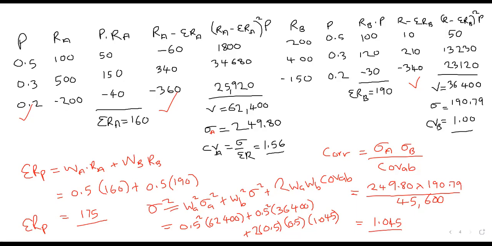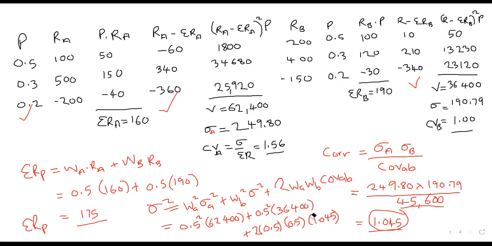Sorry, Mr. Collins. Covariance AB, isn't it 45,600? Covariance AB, you're the one who calculated it. You gave us here. That 1.045, isn't it the correlation? Oh, okay. Thank you. What was the covariance? It is 45,600. Excellent. Thank you.